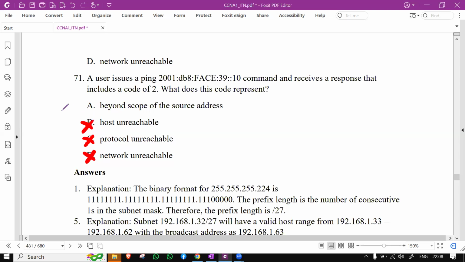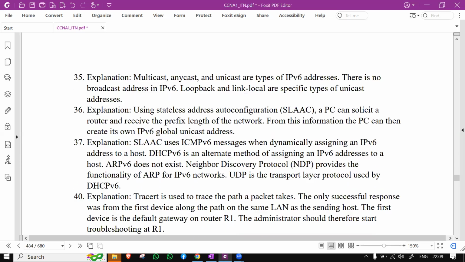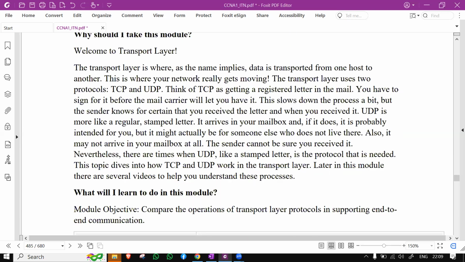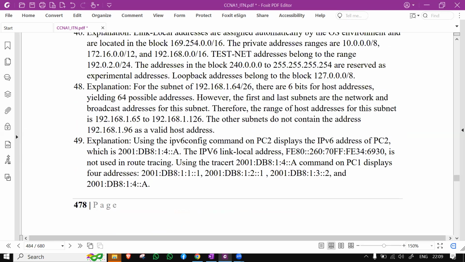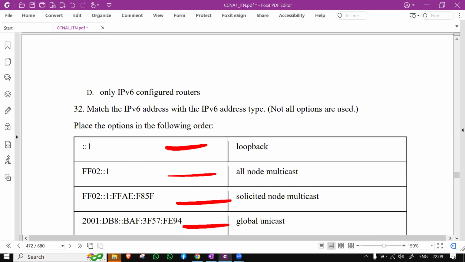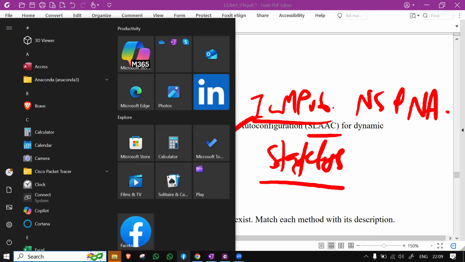Beyond the scope of the source address. And our answers are done. The second one is with A. But let me try to explain our codes for ICMPv6 here. Okay, my answer is going to be perfect now. I think we still have a couple of minutes.